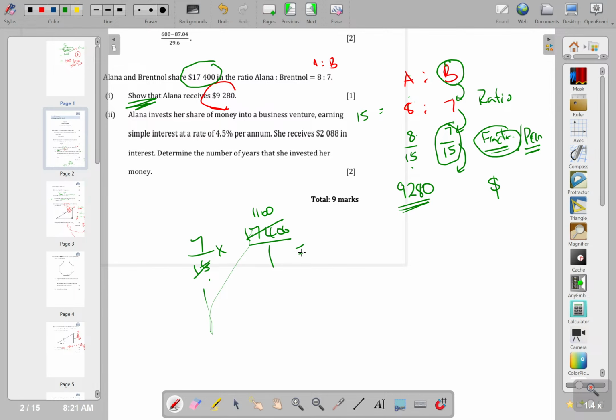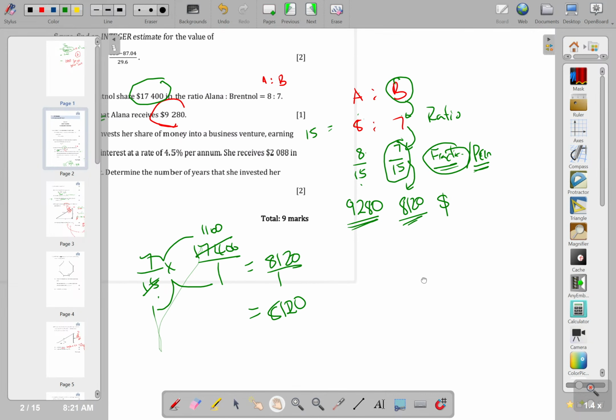And that's going to give me 1,160 times 7. I push my calculator, it gives me 8,120. That's top times top. Bottom times bottom will be 1 times 1. That gives me 8,120.